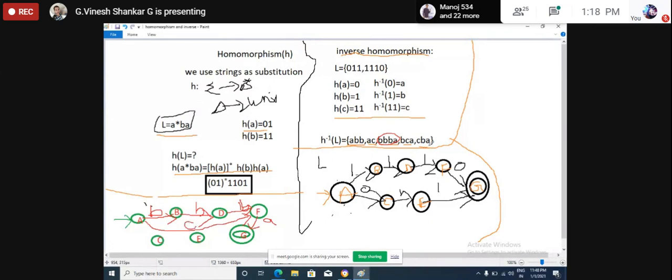Because for the string CBA, C, then B, then A. So directly for C, where do you need to reach? C means double one. So for double one, you can reach C from here. Like this you can cover.